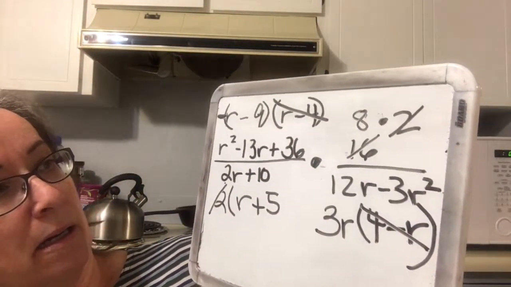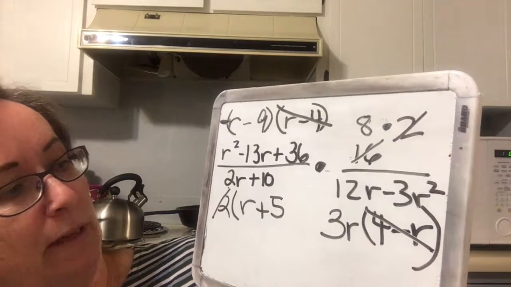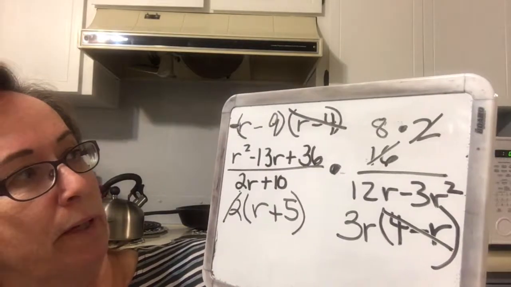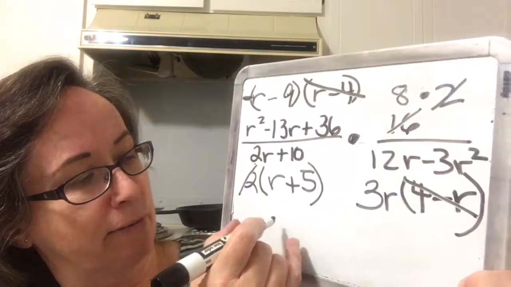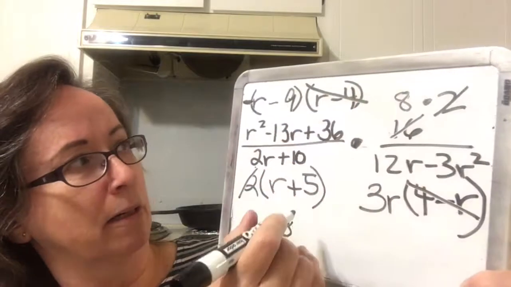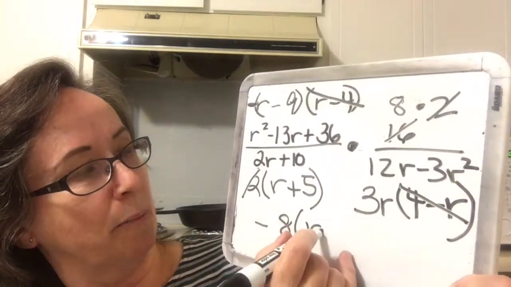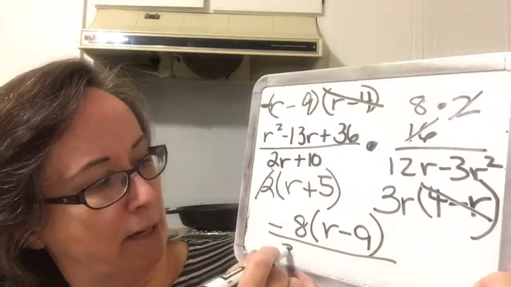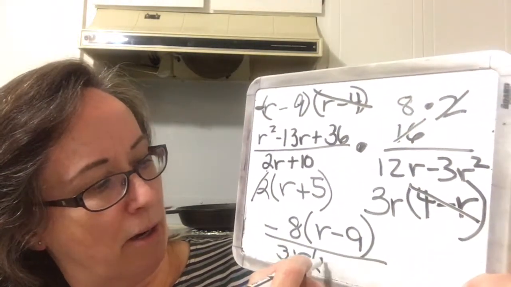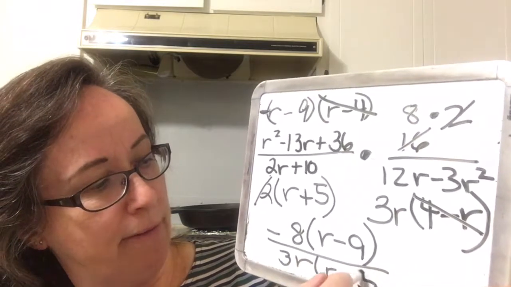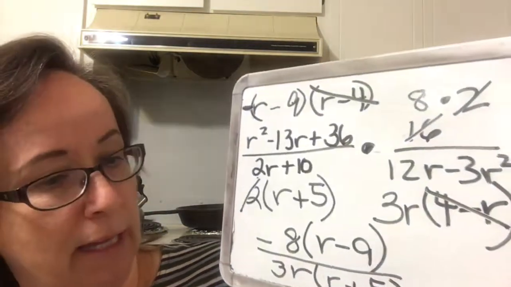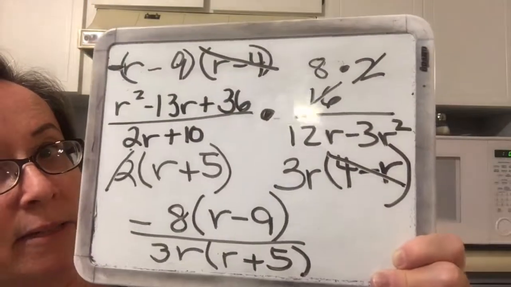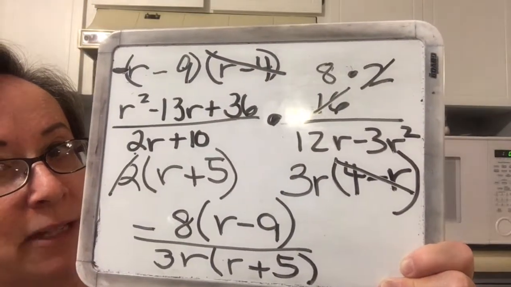And I am looking carefully for other factors, and I am not seeing anything. So I'm going to write down negative 8 from over here times R minus 9 divided by 3R times R plus 5. Okay, and that is the correct answer as listed, so I guess we did that one right. I've got the answers in front of me.